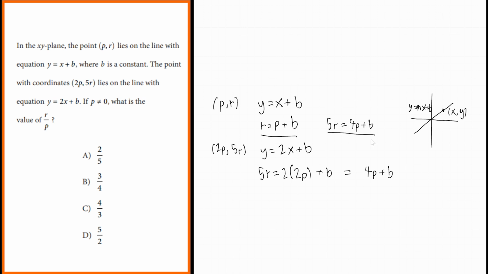We have two equations which give us information about our variables, and so we can solve this as a system of equations. In order to do that, we will take our value of r, which it says here is equal to p plus b, and we will plug it in for our r value here to get p isolated. We do that, we get 5 times (p plus b) equals 4p plus b.